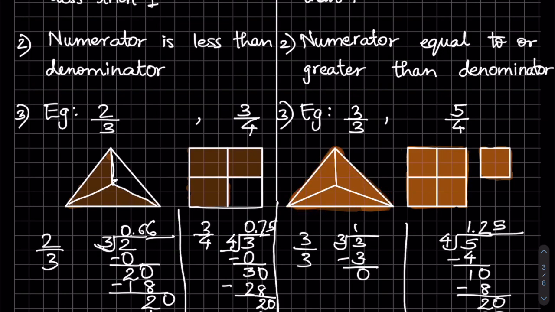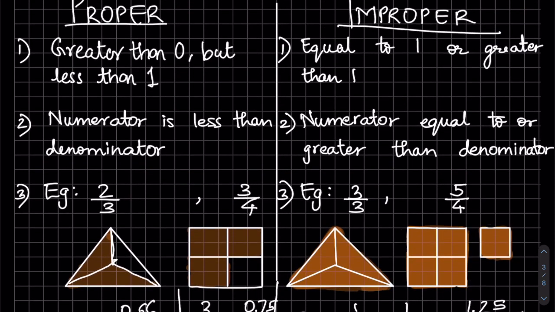Diagrammatically, the whole triangle is divided into 3 equal parts, and all the 3 parts are shaded. So when I divide 3 over 3, I get the answer 1, which shows that improper fractions are equal to 1. Another example I have taken is 5 over 4.